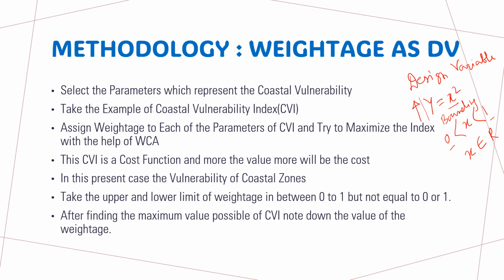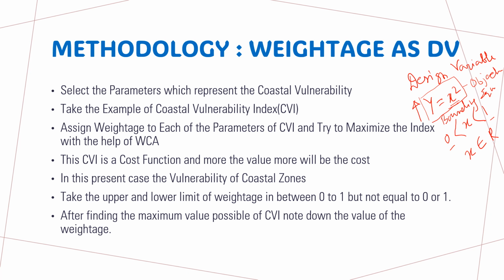And the equation y is equal to x squared is known as the objective equation. X is the design variable that we are changing and y is the objective variable that is being changed. And remember, y can be either maximized or minimized, or it can be varied to achieve a targeted value.